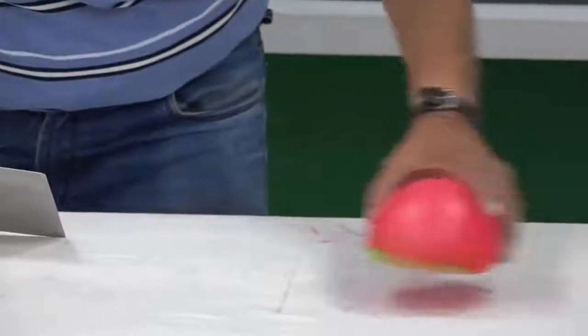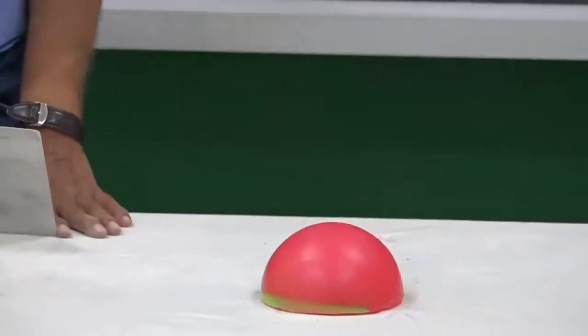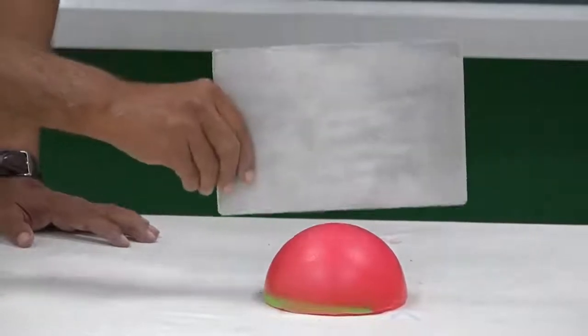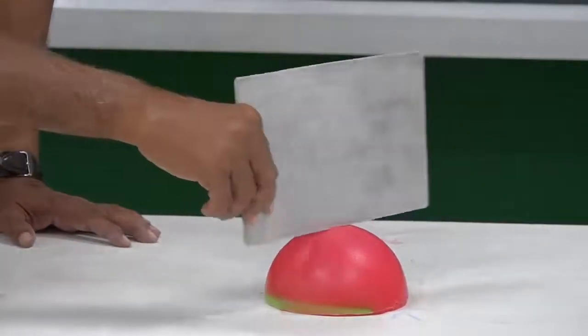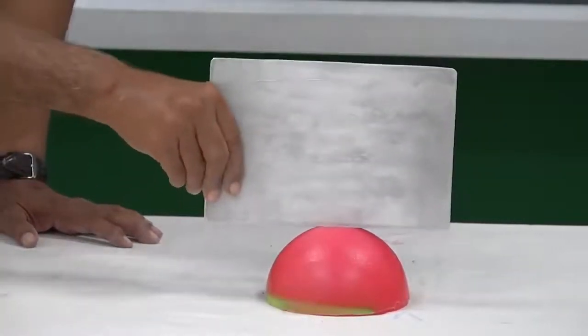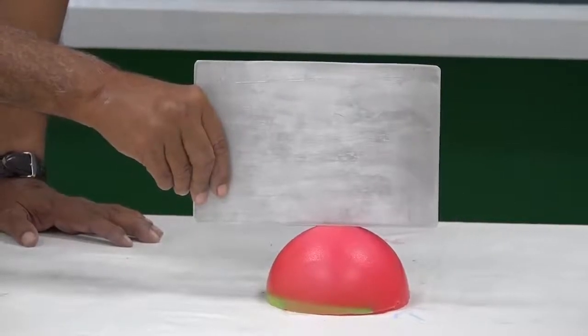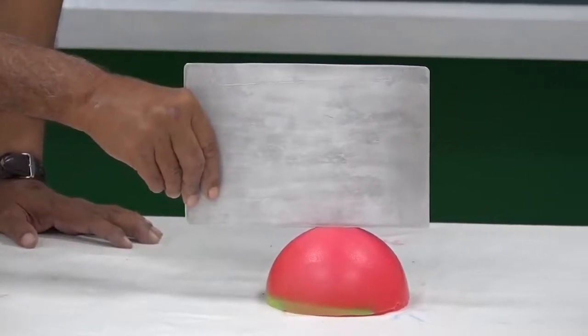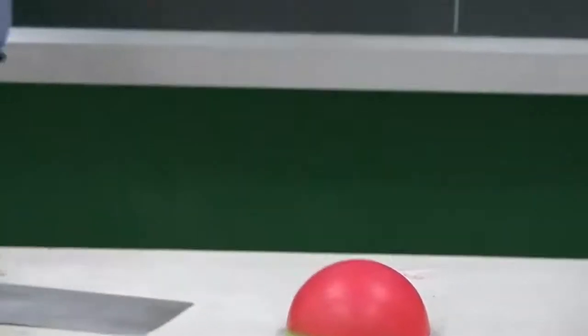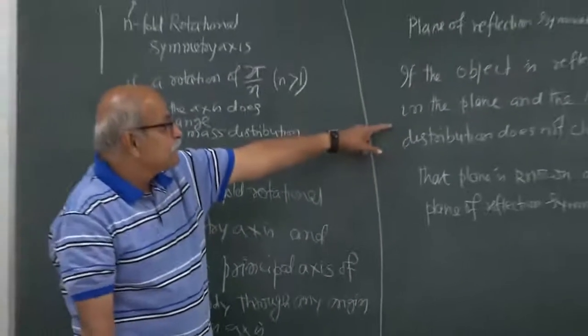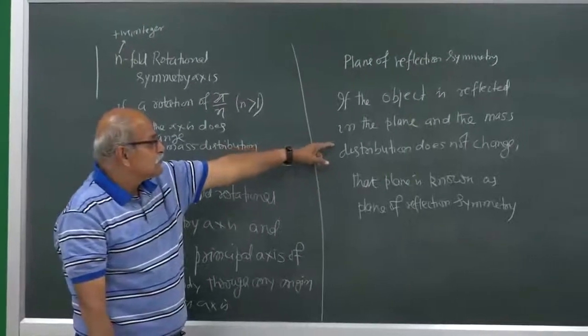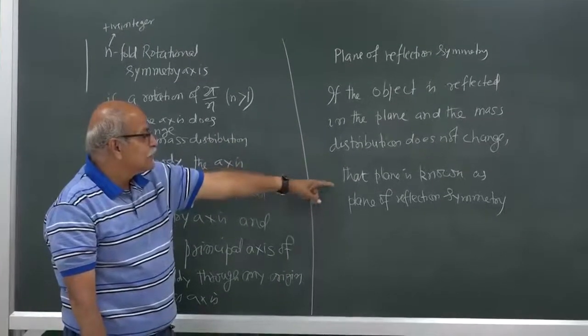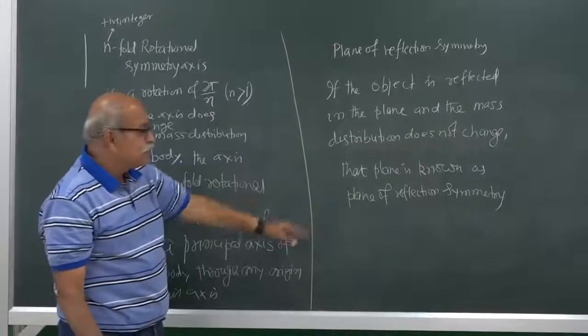Similarly, if you consider this hemisphere, and then you draw a plane like this or this or this or this, the plane is a plane of reflection symmetry. So if the object is reflected in the plane and the mass distribution does not change, that plane is known as plane of reflection symmetry.